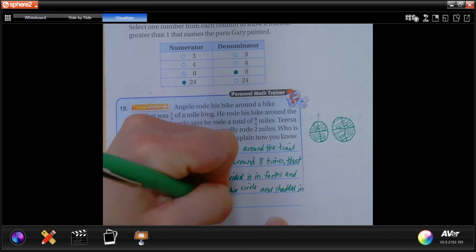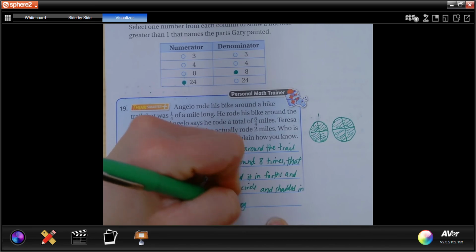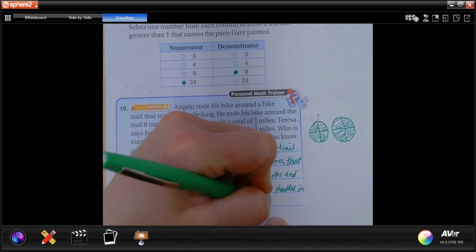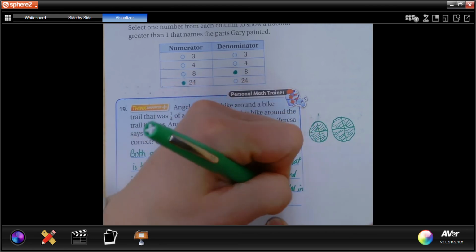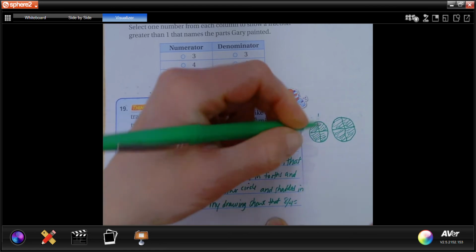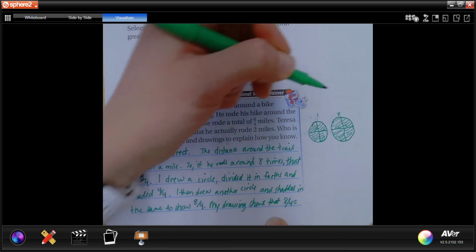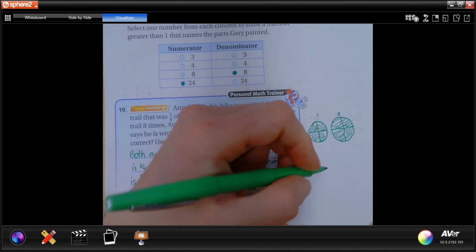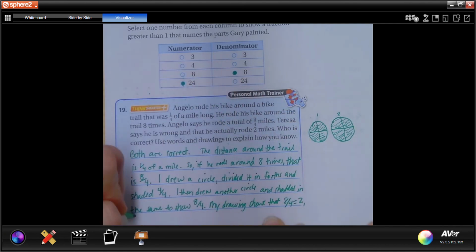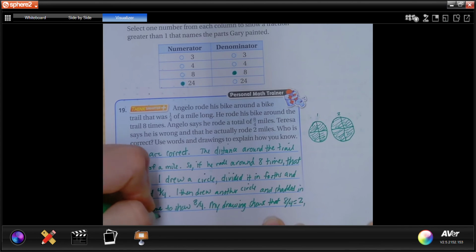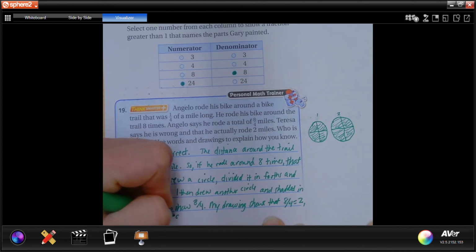My drawing shows that 8 out of 4 is the same as how many wholes? 1, 2. So he rode 2 miles.